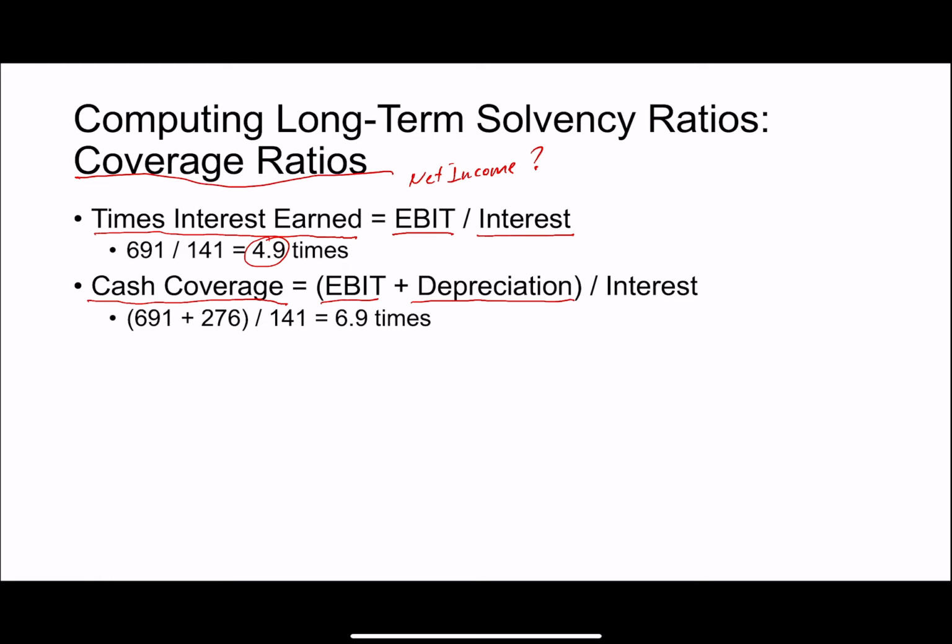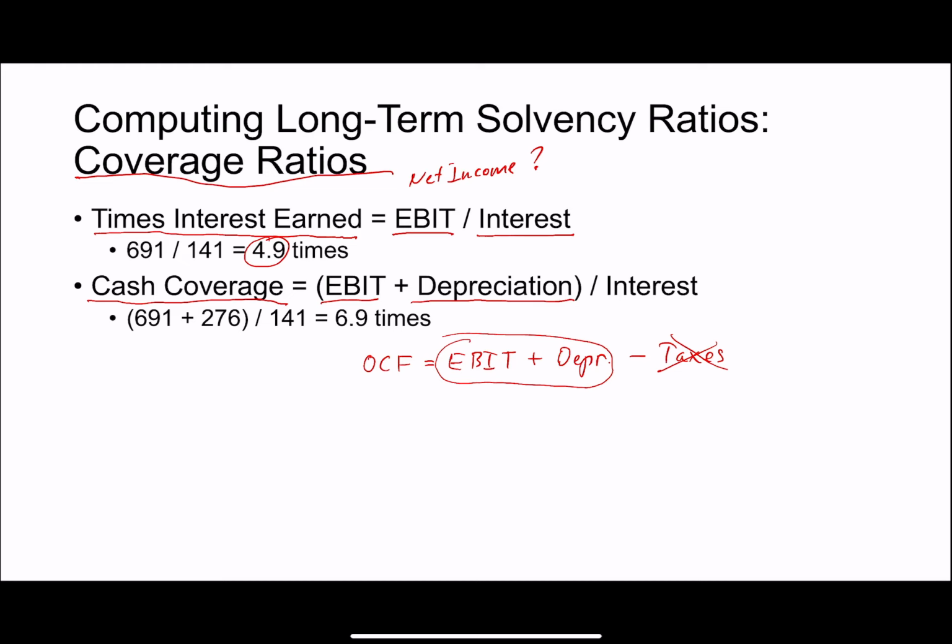If you remember, the operating cash flow from the previous lecture is equal to EBIT plus depreciation minus taxes. Okay, we just established that we don't care about taxes in this case. So basically, EBIT plus depreciation is pre-tax operating cash flow.